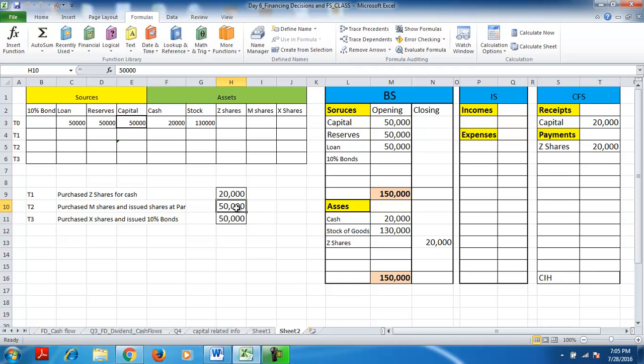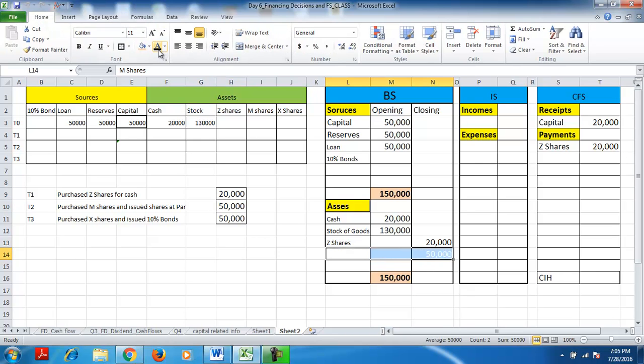Whereas in the case of purchase of M shares, another asset has been acquired, but here we did not make any payment because the company does not have any cash, but issued shares to the extent of 50,000.